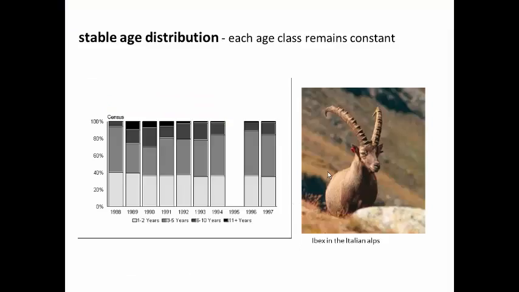One thing you can get from looking at these survivorship curves and looking at age-structured populations is what we call a stable age distribution. I just put this up because this actually is a conservation strategy. This is an animal, the ibex in the Italian Alps, that was hunted nearly to extinction, and then it was protected. After it was protected, we can see that there are different age classes.